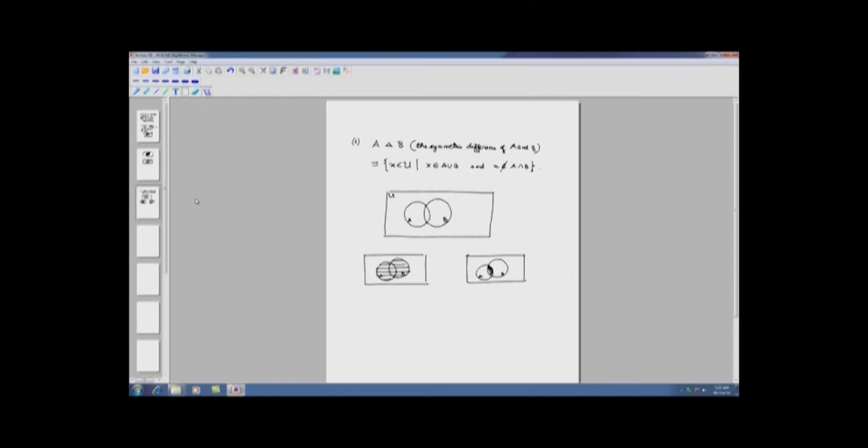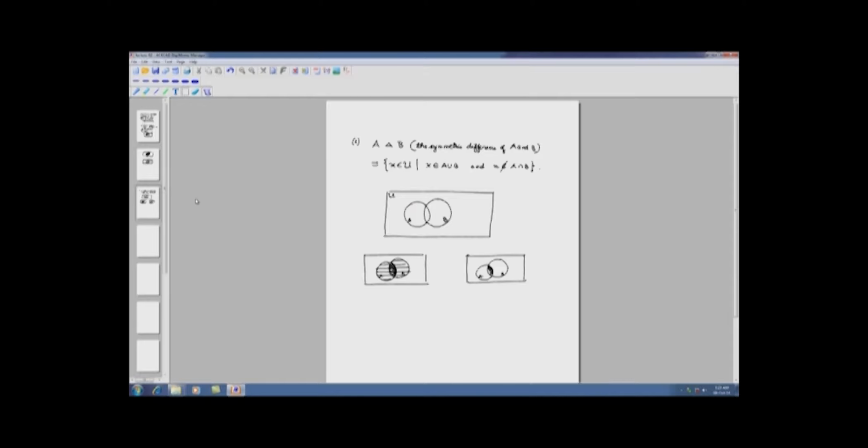So, if I superimpose these two diagrams, then we will find that this part is A intersection B, and therefore, I have to cut this portion out. I do not want elements there, and all the other elements will be in the symmetric difference.